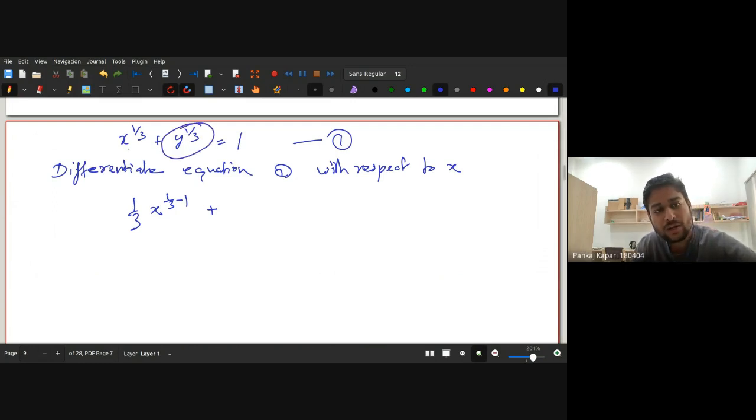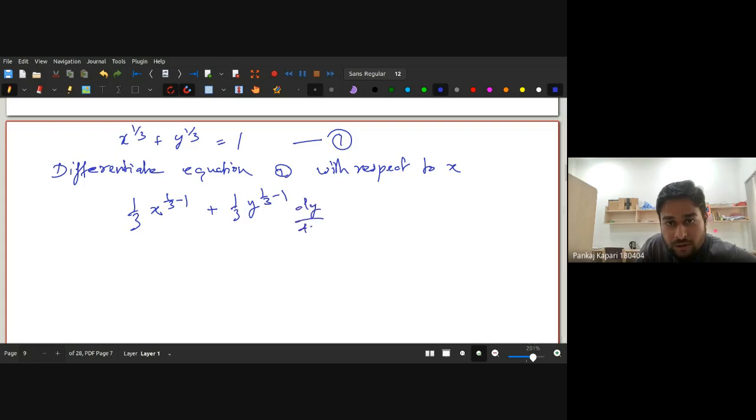You are taking the power of a function which is y, so you're composing two functions, right? y is a function depending on x, and you are taking its power, so it's a power function and the function y of x. So that means you need to apply the chain rule. In the chain rule, first we differentiate this power function, and that will again give us 1 by 3 y to the power 1 by 3 minus 1, and then you differentiate dy over dx. Okay, so basically differentiate y with respect to x.